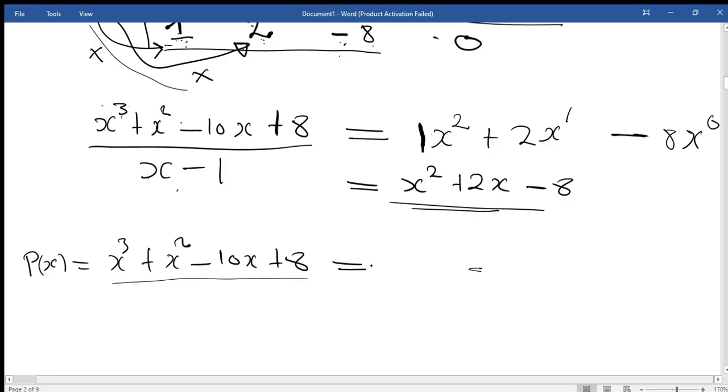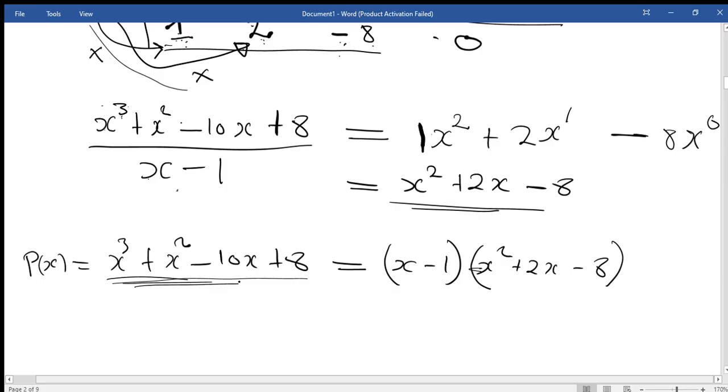The factor we had at first was x minus 1, multiplied by the other factor, x squared plus 2x minus 8. So that is the first factorized expression we can have. But you ask yourself, is this polynomial now completely factorized?